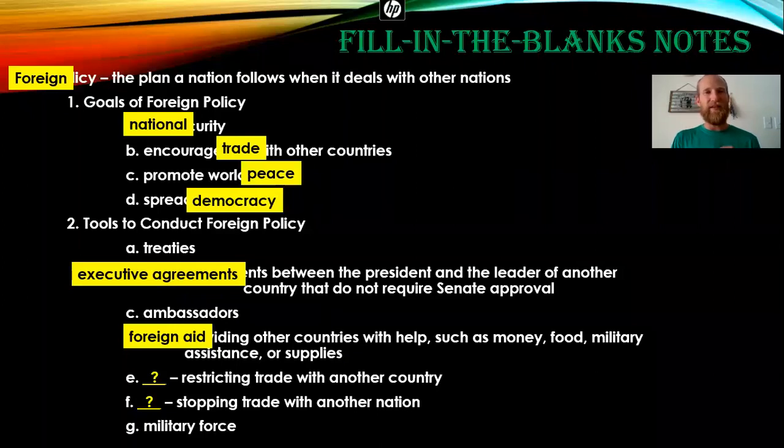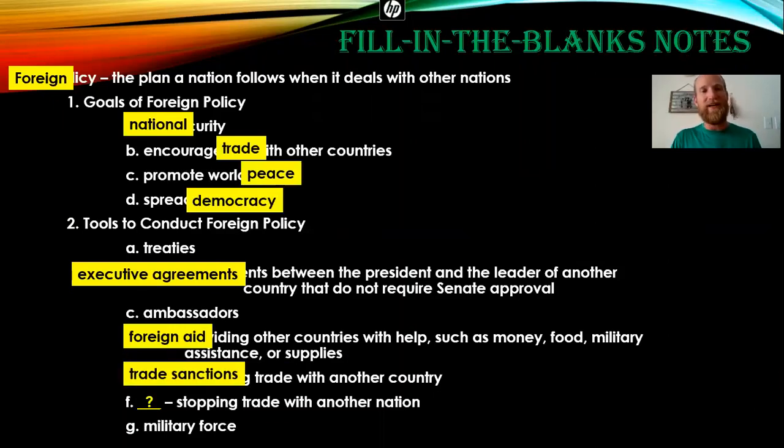Now your reading had a difference between trade sanctions and embargoes, as trade sanctions is something that we do with another country, and embargo is something we join other countries in dealing with a country. I don't like those definitions, which is why I'm putting these definitions in our notes, because trade sanctions and embargoes could either be done just us and one other country, or it could be done with us and other countries against one other country.